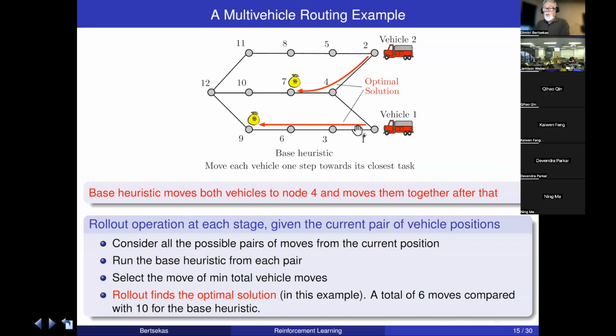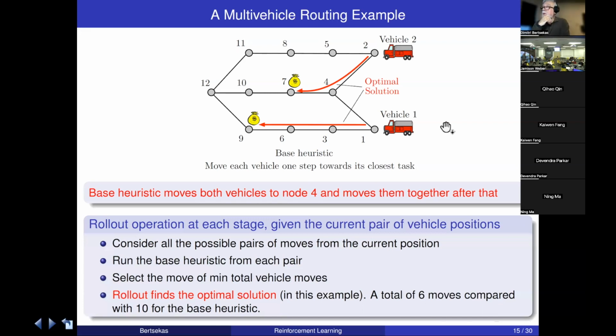Okay, and that holds independently for both vehicles. So will it also consider the other task after it finds the closest task for the total cost from there? The base heuristic does not consider that at all. It only looks blindly. It's a myopic heuristic. It looks 1 step ahead only.